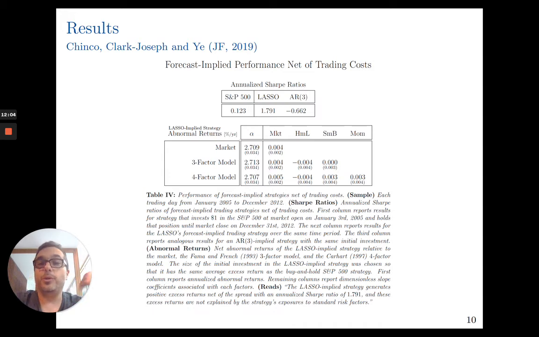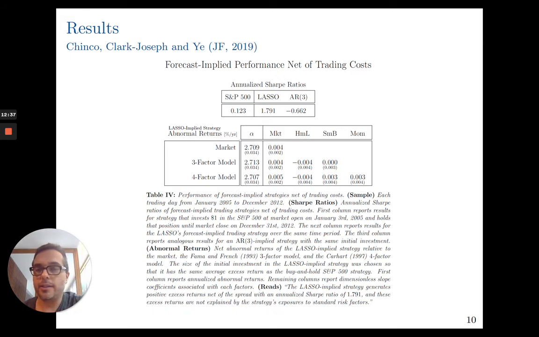Now, okay, can we somehow make money out of this? So let's look at Sharpe ratios, okay? Basically, we are looking at Sharpe ratios net of trading costs, okay? And we compare with a buy and hold strategy with the S&P 500, the Lasso strategy to buy or sell stocks based on the signal that the Lasso gives on whether the return will increase or decrease, and the signal of the AR3 model.